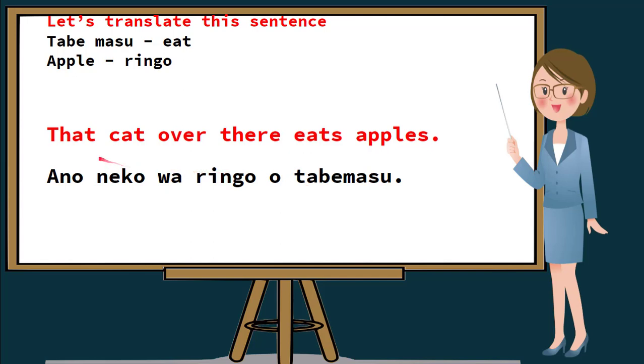So if we translate that cat over there eats apples, it will be ano neko wa ringo o tabemasu. Let's repeat. Ano neko wa ringo o tabemasu. Let's read this once again. Ano neko wa ringo o tabemasu.